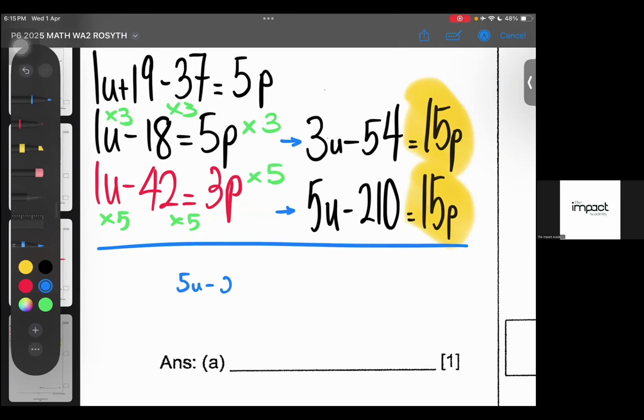Cancel. So 5 units minus 210 equals 15P. Then the other one is 3 units minus 55. Same family, sit together. You understand? Okay. Does that make sense to you?